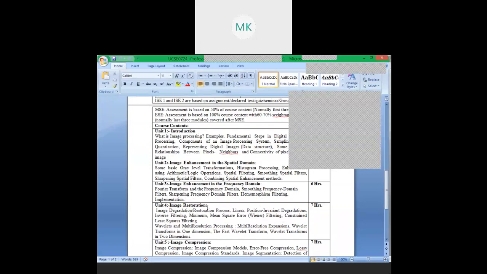In case of image restoration, we are going to consider different wavelet transforms.